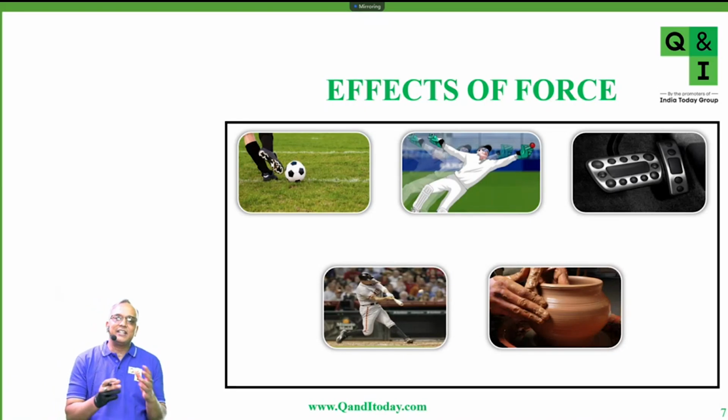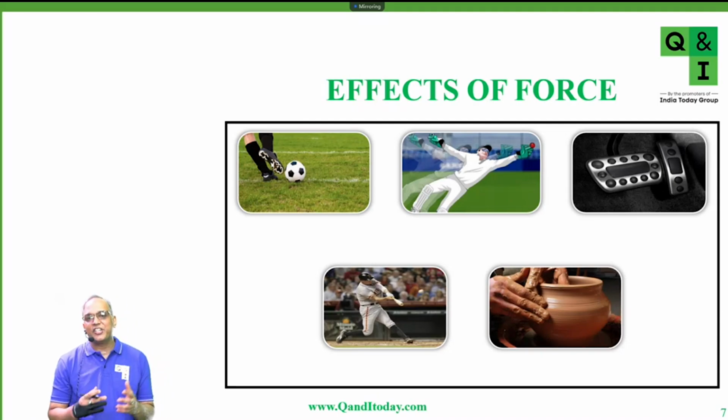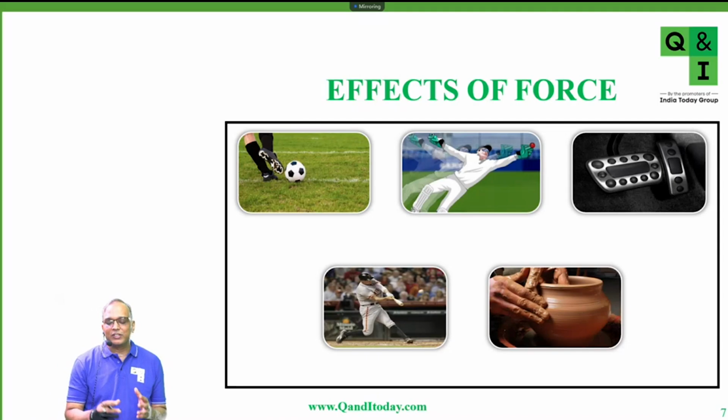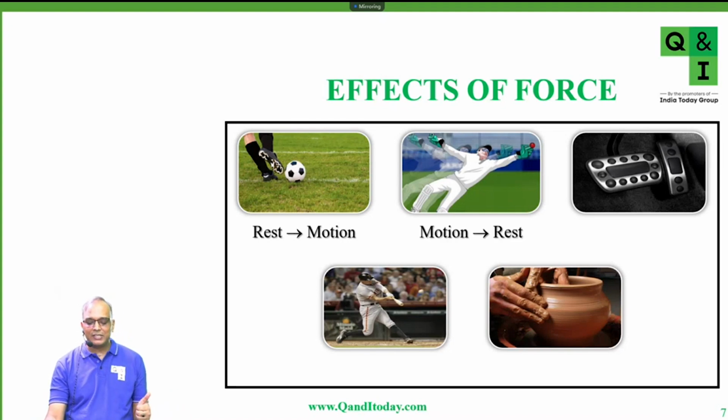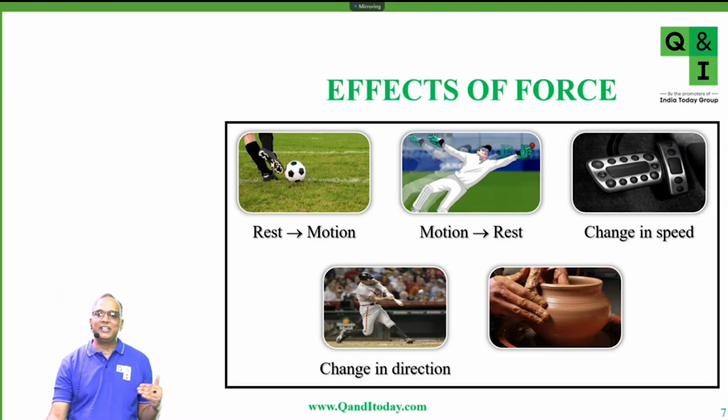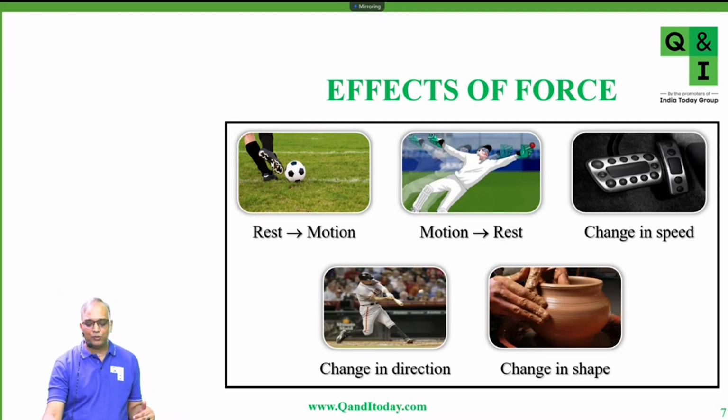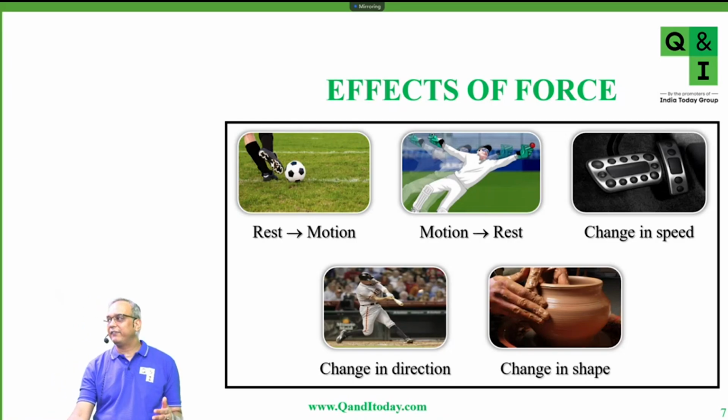You can change the direction of motion by applying the force, and also you can change the shape of the body by applying force. So these are the 5 effects of forces which we just saw. A body at rest can be made to move by applying force. This is one effect of force. Second, a moving body can be brought to rest. This is the second effect of force. There can be a change in speed. This is the third effect of force. Change in direction is the fourth effect of force, and change in shape is the fifth effect of force.